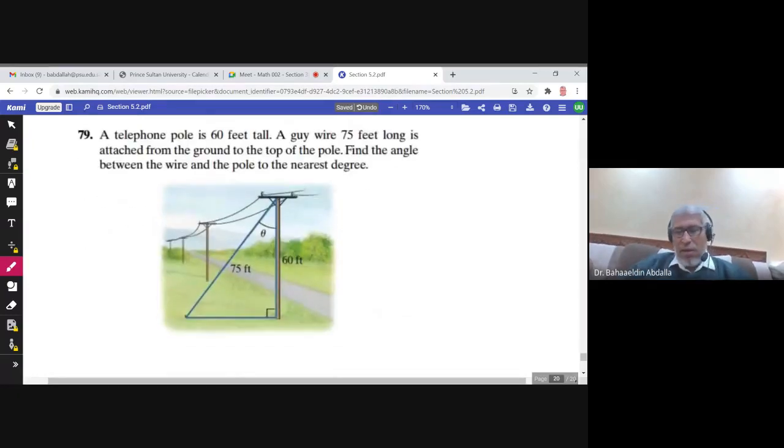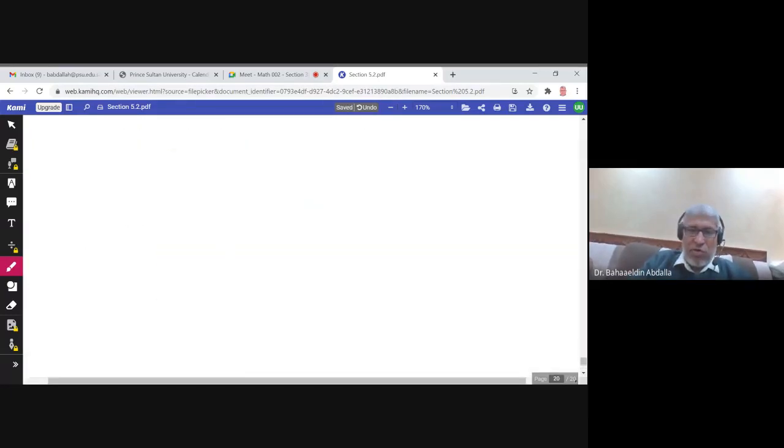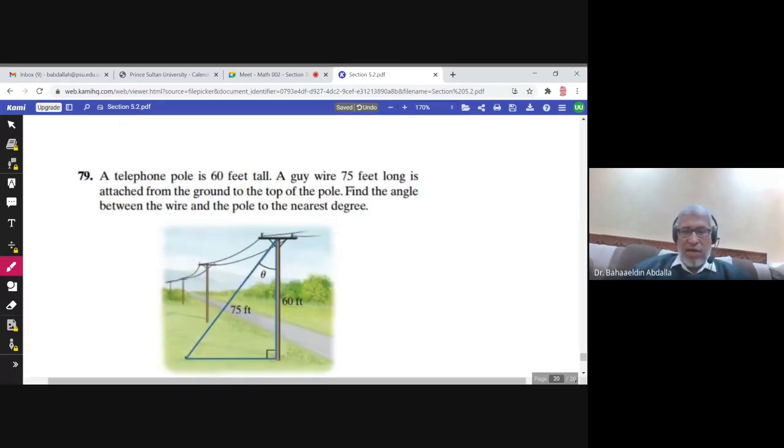I think this is the last question. We have a guy wire 75 feet long, attached from the ground to the top of the pole.